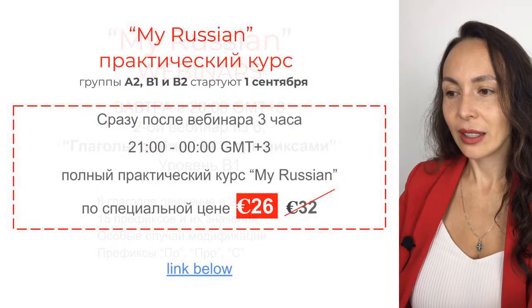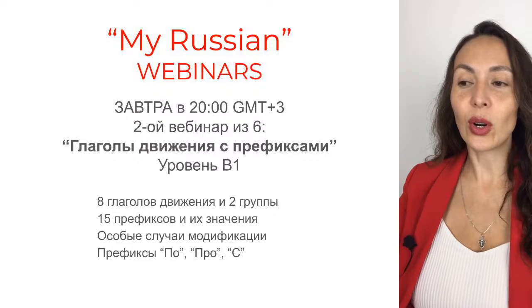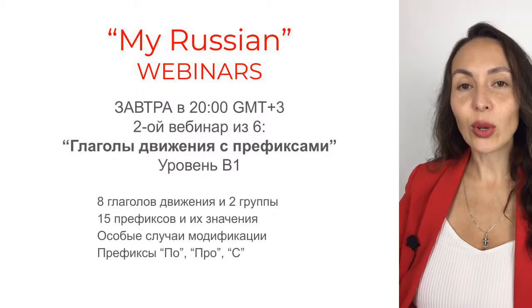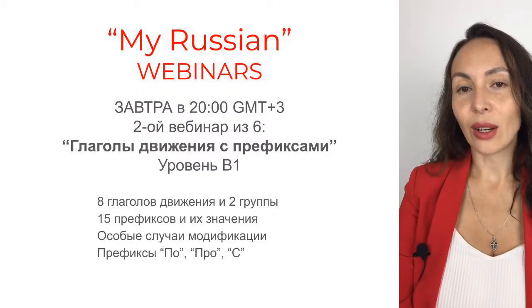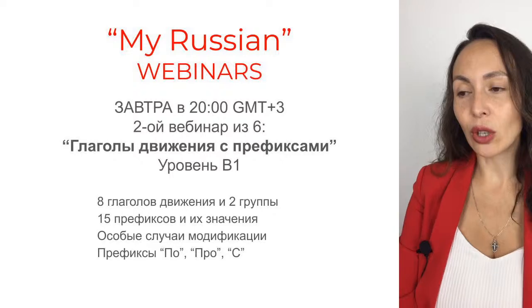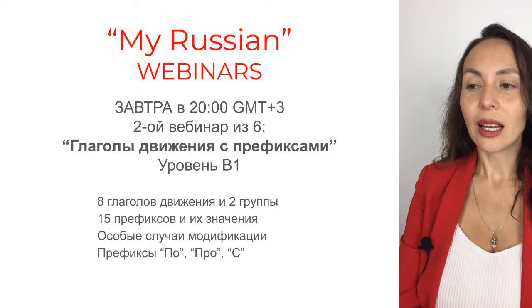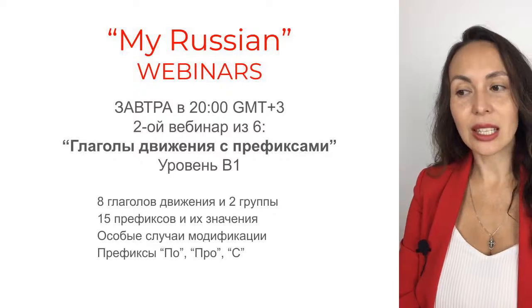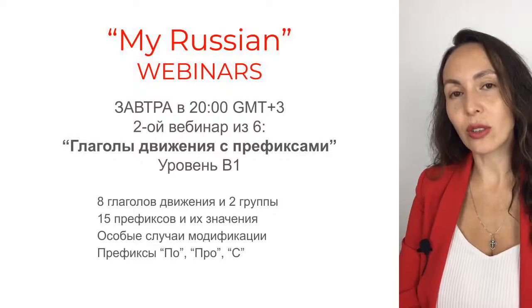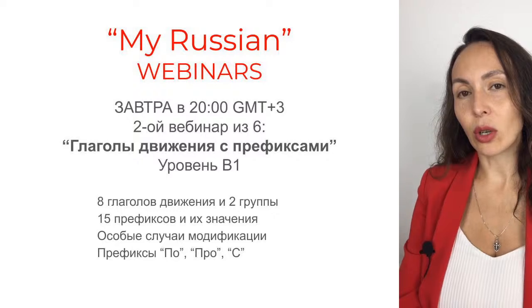Just 1 second. Okay, and tomorrow we are going to have the second webinar at the same time. Глаголы движения с префиксами, verbs of motion with prefixes. This webinar will be in Russian for the level B1.